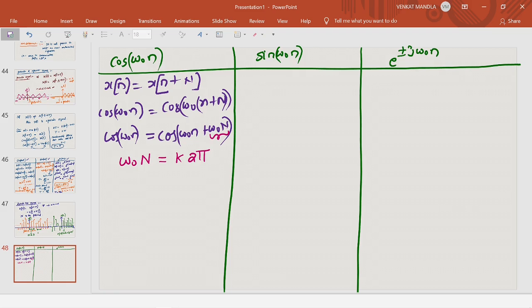Because cos of 2 pi k plus theta is equal to the same cos theta, so it is periodic.